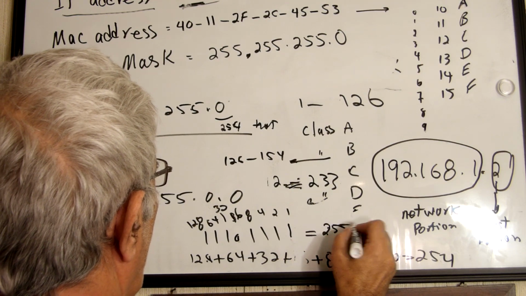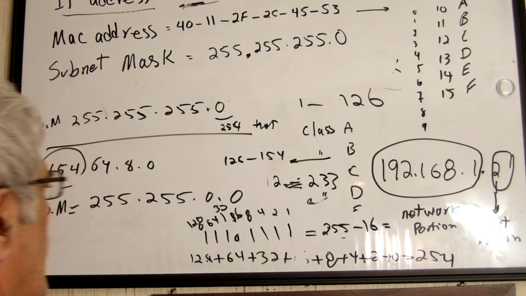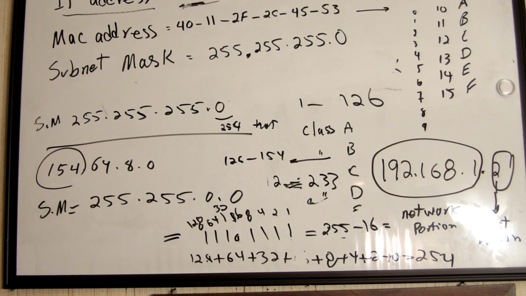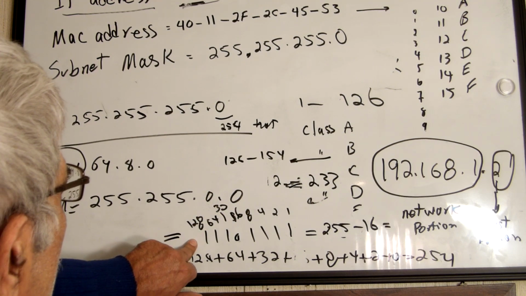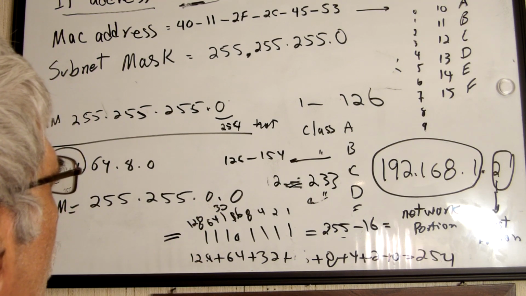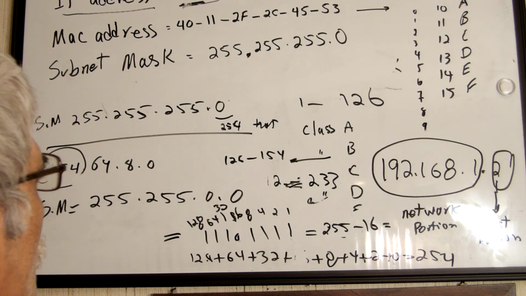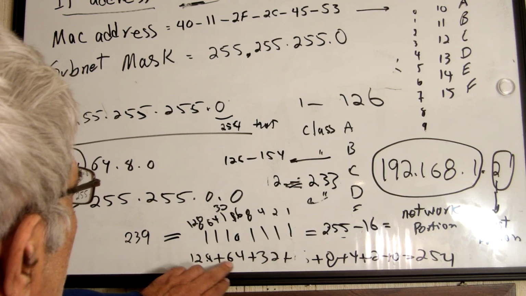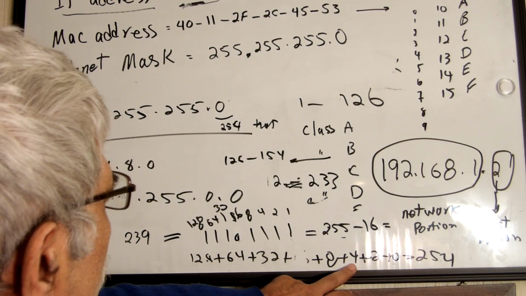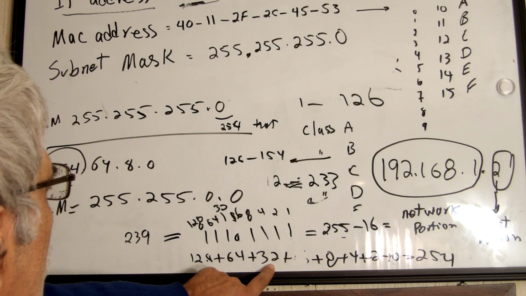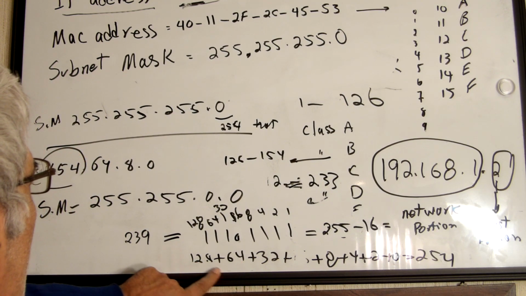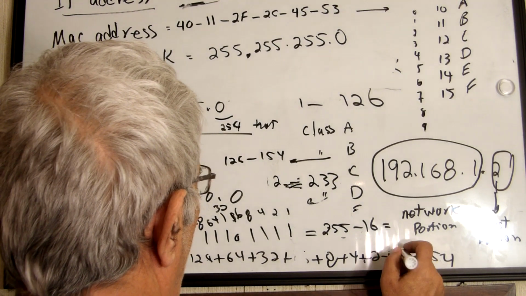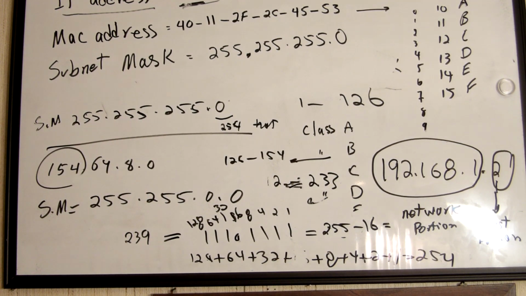It's still 255 minus 16, whatever it is going to be, the decimal number. This is a binary number and a decimal number. And 239, I think it's 239, because if you add this all together, 2, 4, 6, 14, 16, 20, 28, and this is 1, 2, 29. Yeah, 239.